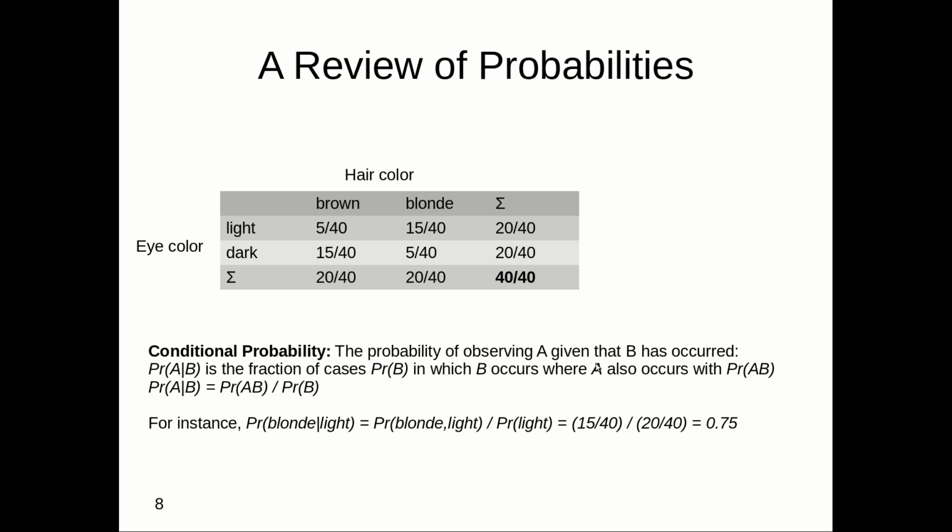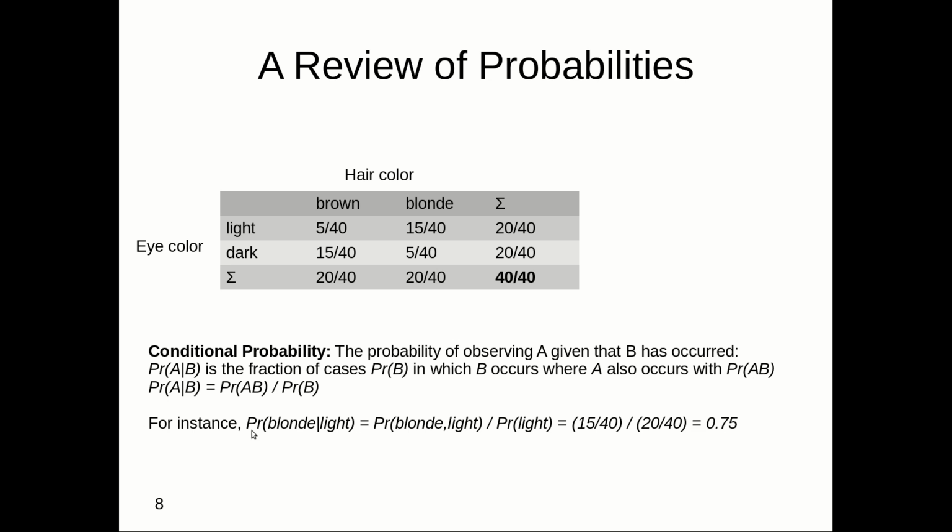Then finally we have the so-called conditional probability: the probability of observing A given that B has occurred or that B is true. The conditional probability of observing A conditional on B is the fraction of cases in which B occurs where A also occurs, with probability AB. So this is once again a joint probability.